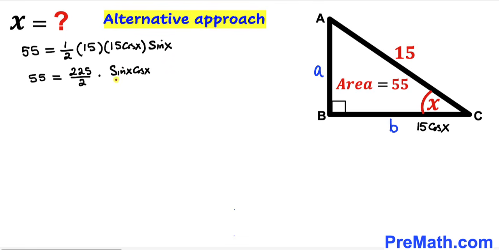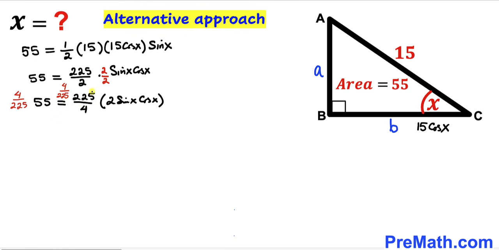And now I'm going to tweak this part by just multiplying by 2 and dividing by 2 at the very same time. So therefore we can write 225 divided by 4, and this is going to become 2 times sine theta cosine theta. And now I'm going to multiply by its reciprocal. So I'm going to multiply 4 divided by 225, and likewise 4 divided by 225 on the right hand side as well.